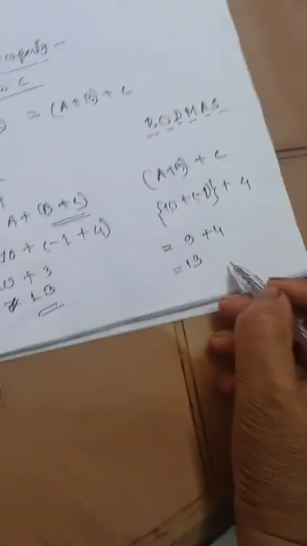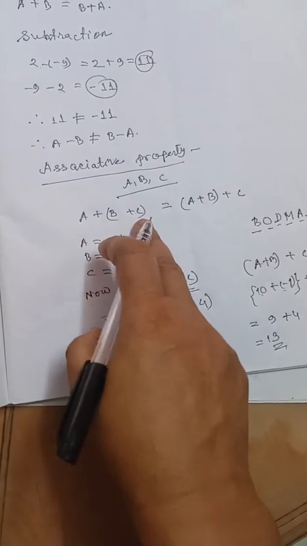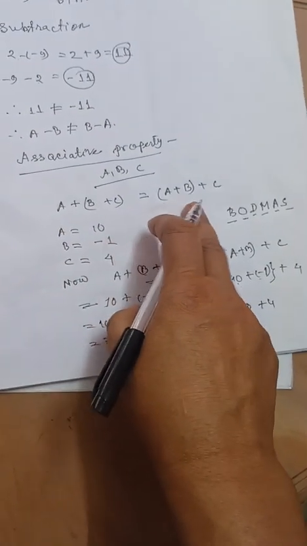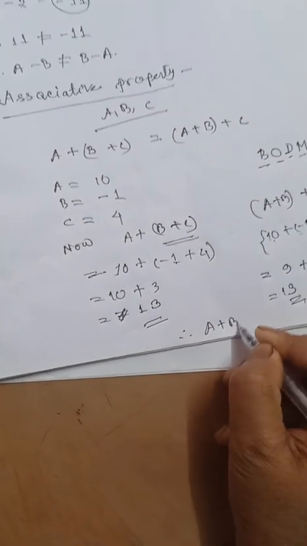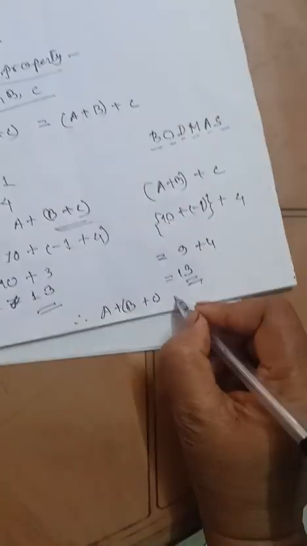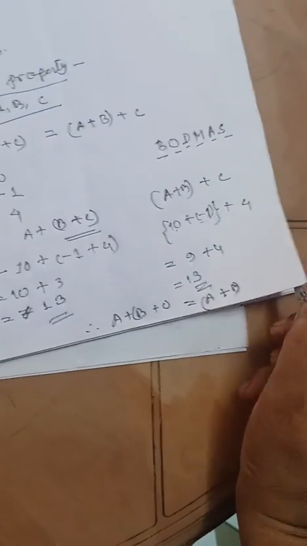This and this are equal. So what we find is that A plus bracket B plus C is equal to bracket A plus B plus C. Therefore A plus B plus C is equal to A plus B plus C. That means associative property holds good in case of what?